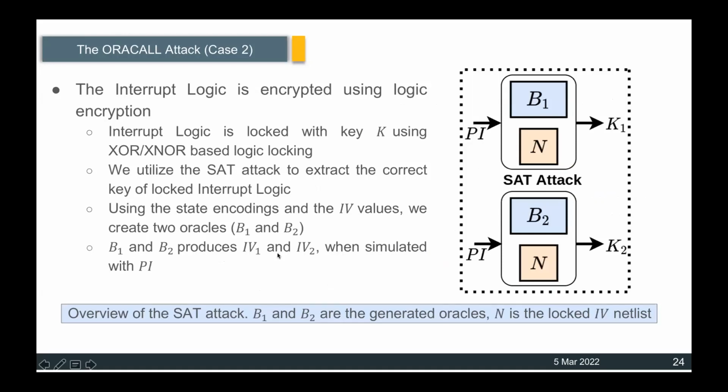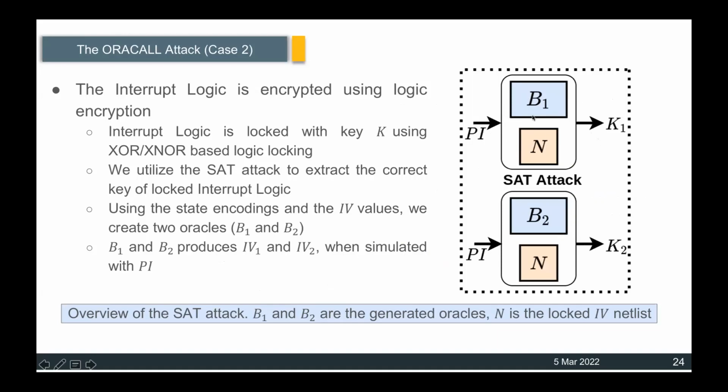So what you can do now is come up with two possible circuits, call them B1 and B2, which essentially are your circuits. Note that this circuit will take the primary inputs and also give the corresponding outputs.